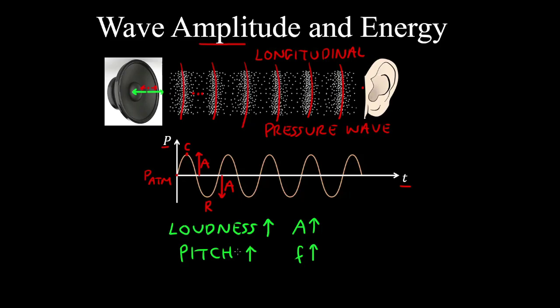Now the energy carried by a wave increases with an increasing amplitude, and specifically is proportional to the squared amplitude. For our wave propagating on a string, we can determine the total energy of the wave as the kinetic plus the potential energy.